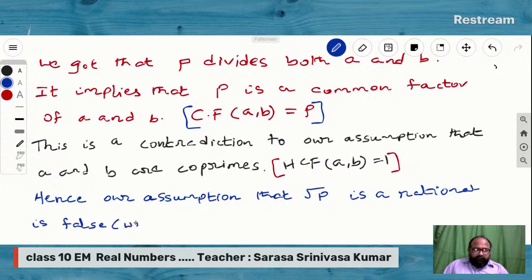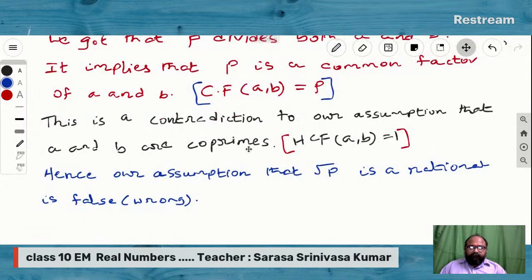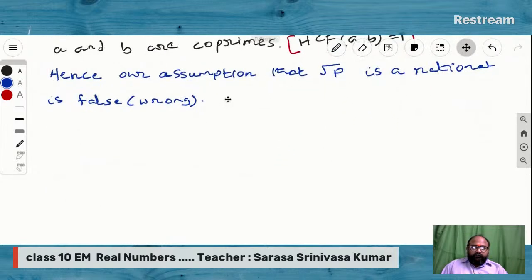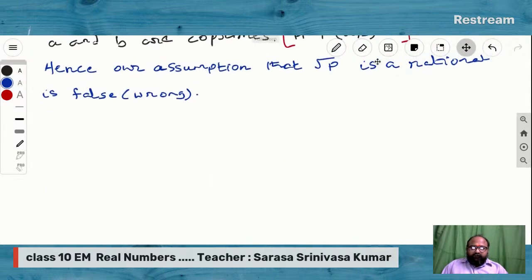That is wrong. So if this is not a rational number, then what is the conclusion? If square root of P is not a rational number, then it must be an irrational number.